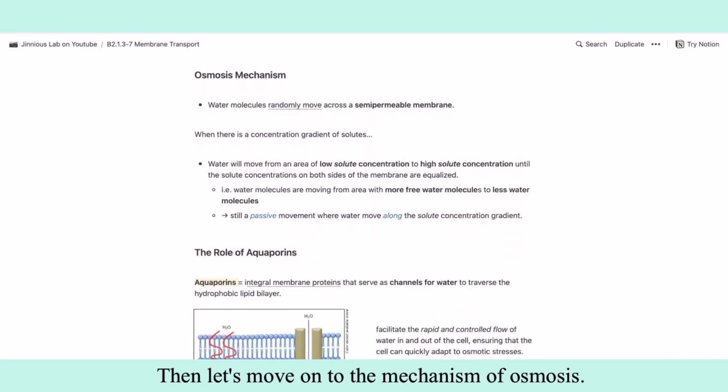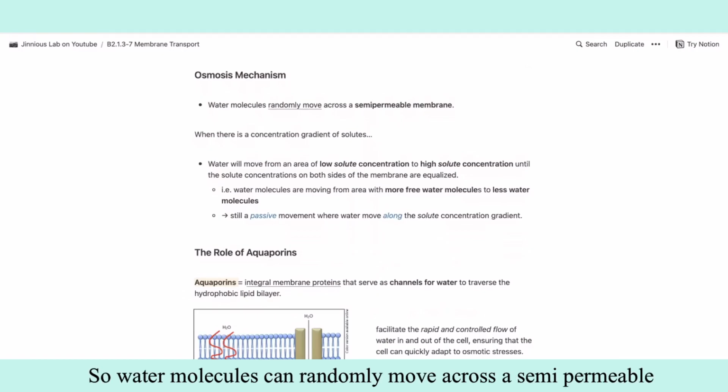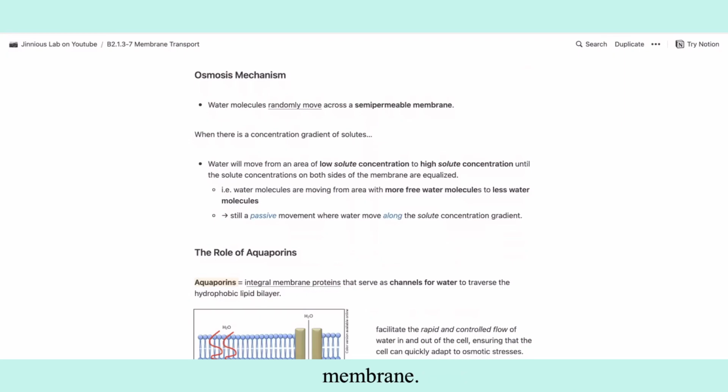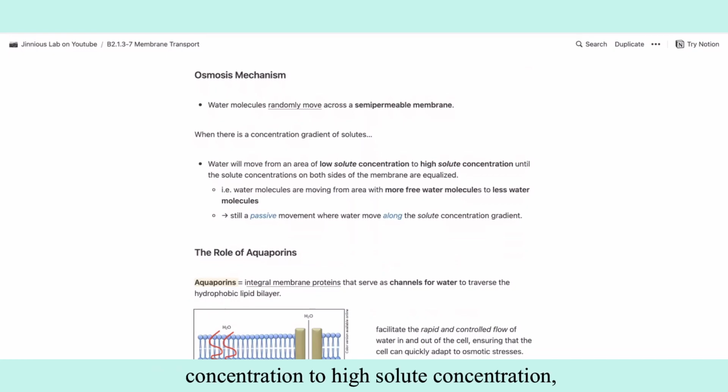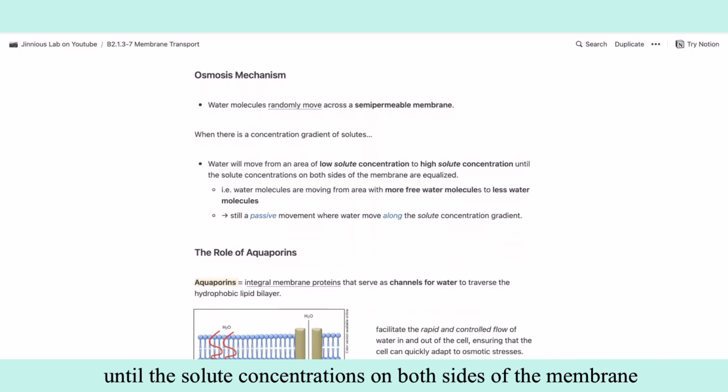Then let's move on to the mechanism of osmosis. So water molecules can randomly move across a semi-permeable membrane. And then there will be a situation where there is a concentration gradient of the solutes. In that case, water will move from the area of low solute concentration to high solute concentration until the solute concentrations on both sides of the membrane are equalized.